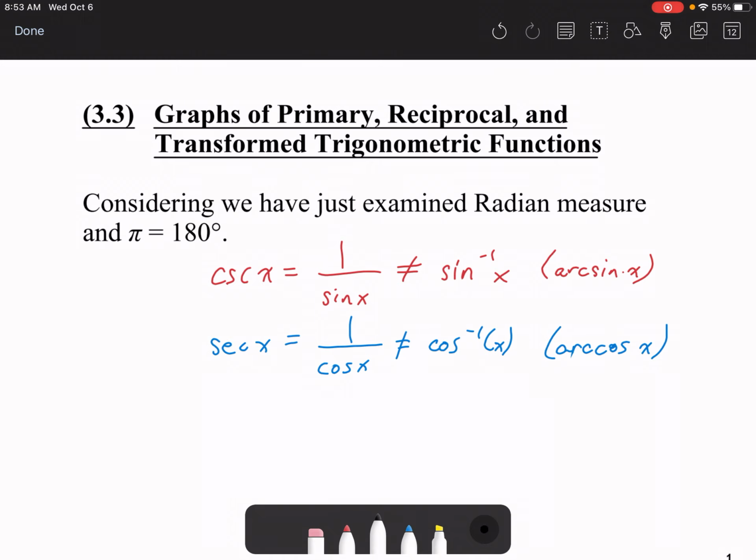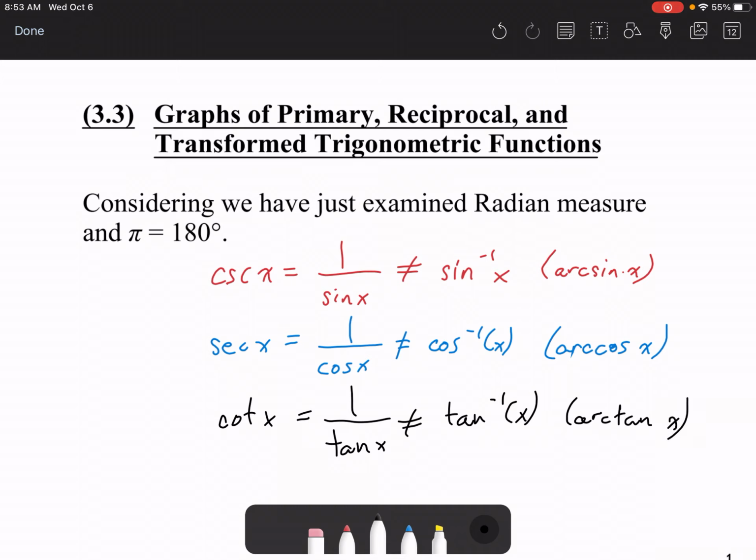And last but not least, cotangent of x is the reciprocal of tan x, which is again not equal to tan inverse of x, or sometimes also called arctangent of x. So just some things to remember before we continue on.